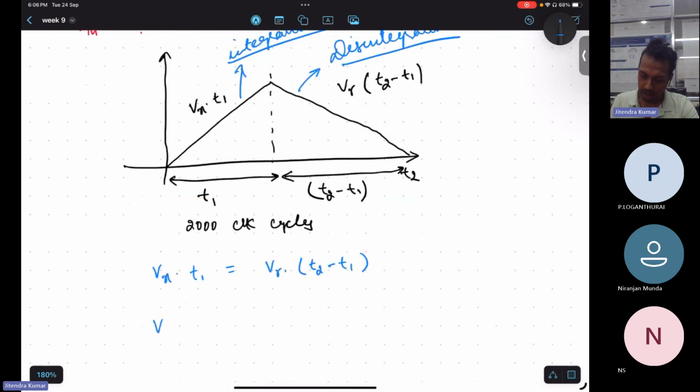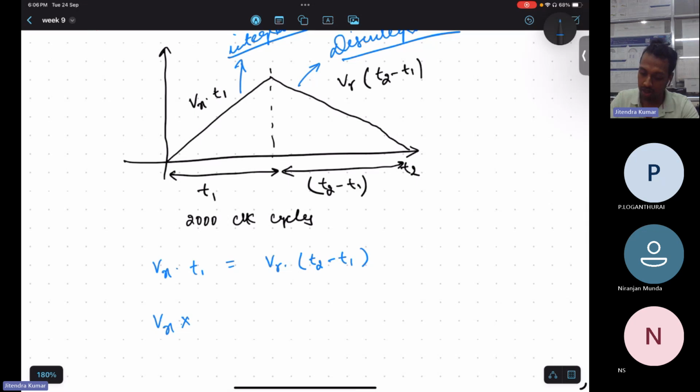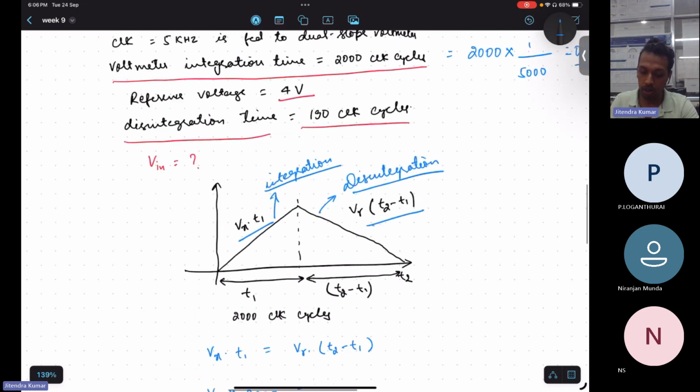So let me write Vx. You could also write it in terms of clock cycles, because the frequency of both the equations is the same. So T1 we can write as 2000, right? Vx, the unknown input voltage, is equal to Vr, the reference voltage.